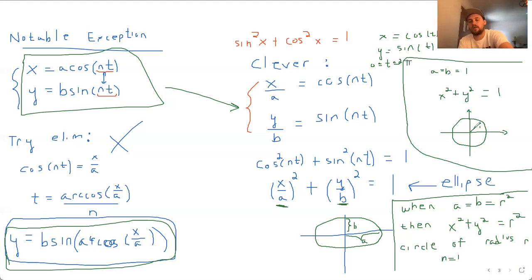So you can think about our parameter t as being radians. So maybe you would like theta now instead of t or something. So this is a pretty prime example and one that's of interest to us.